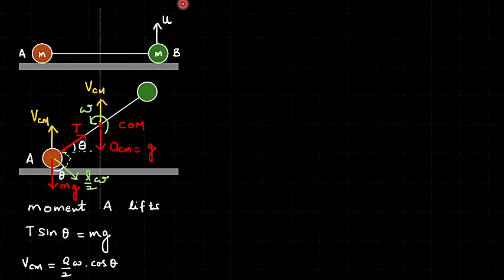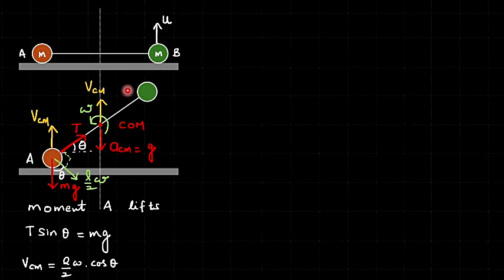So from this moment till this moment, we will apply conservation of mechanical energy. Loss in kinetic energy is equal to gain in potential energy. Loss in kinetic energy is K initial minus K final. K initial is simple. In the final motion, this length is rotating like that, and it has a center of mass velocity and some omega.